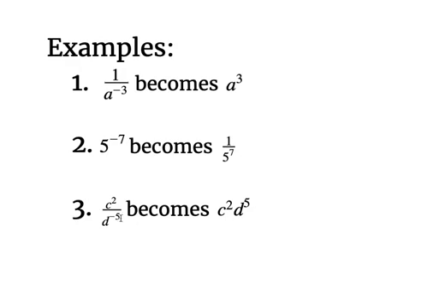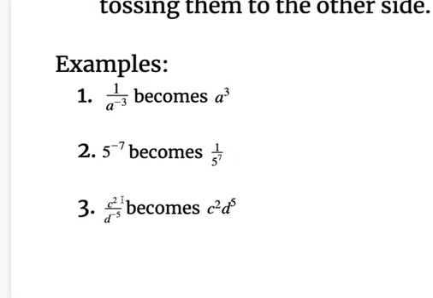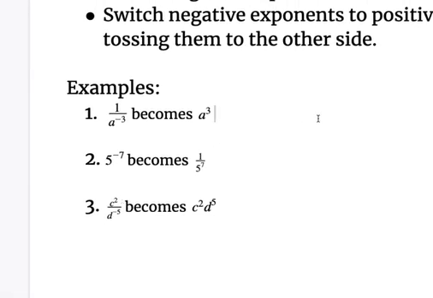For the third example, c squared is on the top and it's positive, so we can keep that there on the top. D to the negative fifth power was negative and it was on the bottom, so if we wanted to change it to positive, we gotta change sides, okay? So we have to change signs and sides.